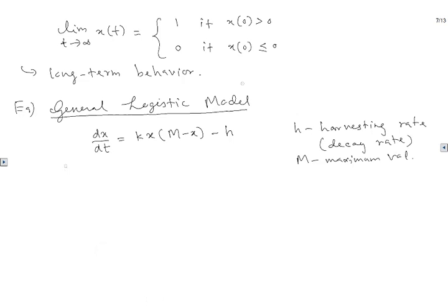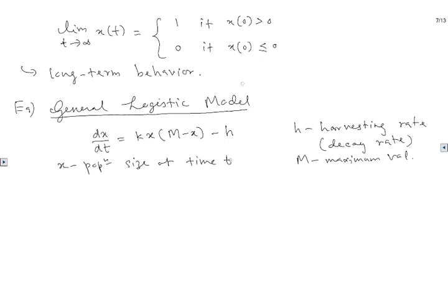So what's the population size at time t? This is what we call a general logistic model.